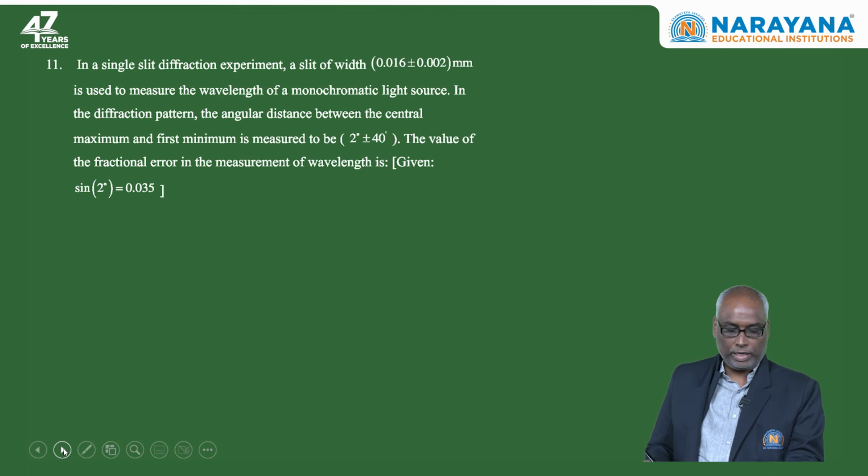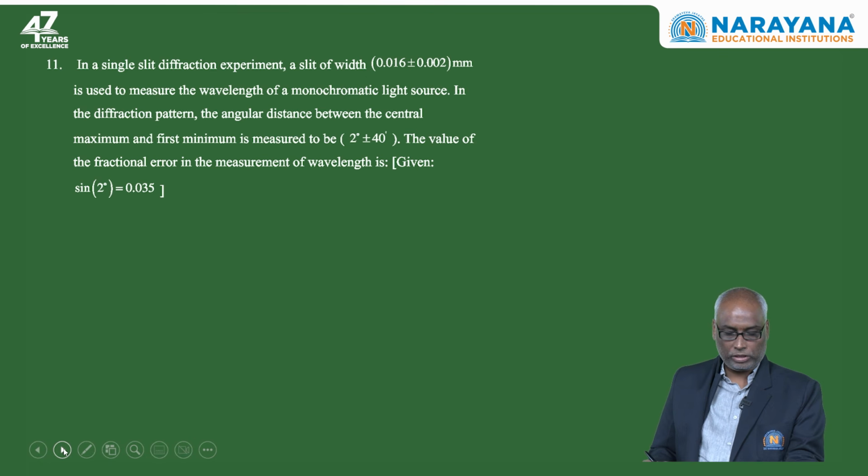In a single slit diffraction experiment, a slit of width 0.016 plus or minus 0.002 millimeter is used to measure the wavelength of a monochromatic light source. In the diffraction pattern, the angular distance between the central maxima and the first minima is measured to be 2 degrees plus or minus 40 minutes.